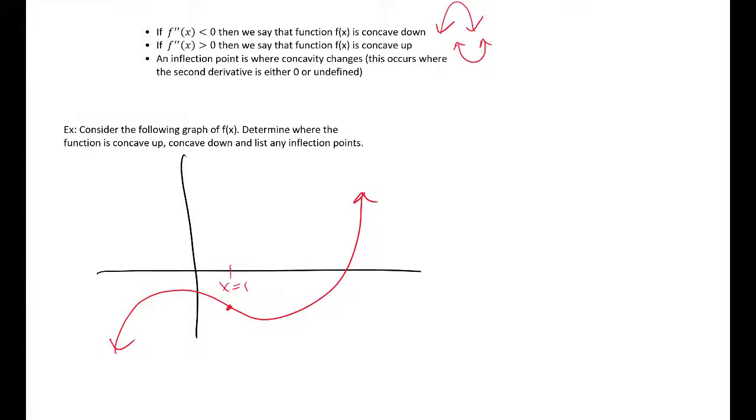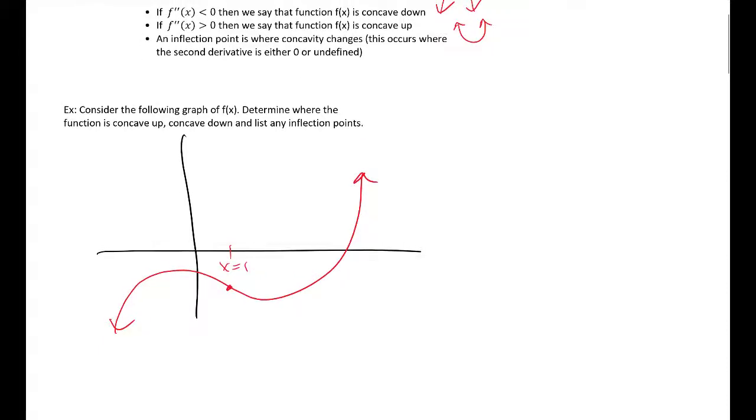So the question here is, for what values of x are we concave up and which values of x are we concave down? Well, let's just go in order from left to right. As we go from left to right along our horizontal axis, you notice that at first the graph appears to be concave down.